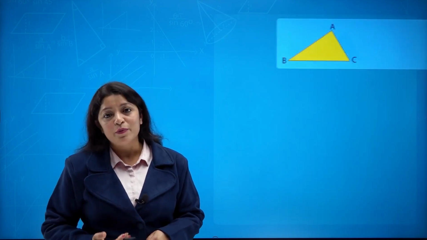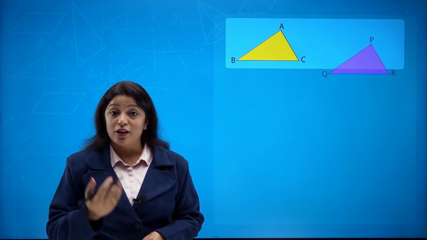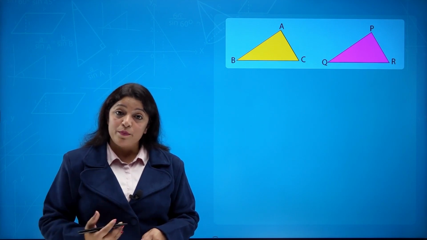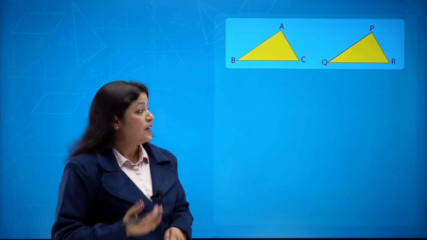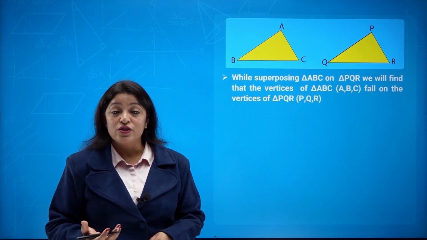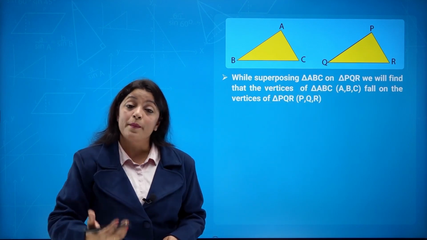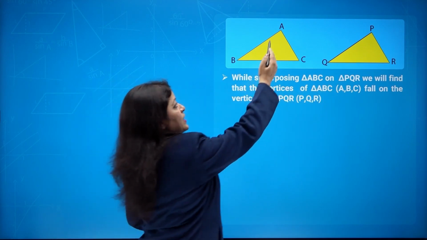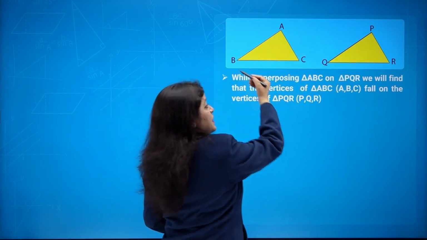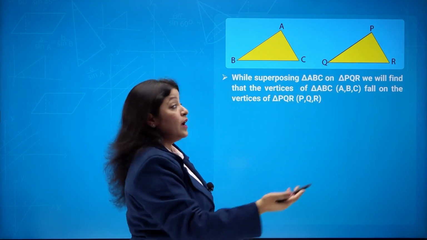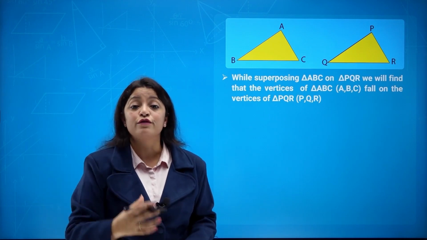But how can we elaborate it? So for this, let's again take the triangle ABC and the triangle PQR. After superimposing, let's see in detail what we have observed. The side BC and the side QR completely overlap, and on comparing the vertices, we find that the vertex A is completely overlapping the vertex P. Similarly, vertex B completely overlaps the vertex Q, and the vertex C completely overlaps the vertex R. It exactly falls on it.